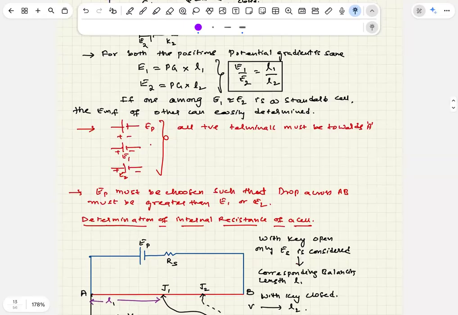If you are drawing something, and remember, I told you all the way: when I am comparing EMFs also, please remember the positive side of the primary cell, the positive side of E1, and the positive side of E2 must have the same polarity. You reverse something, you are done. No use. You won't get the zero deflection condition by reversing.